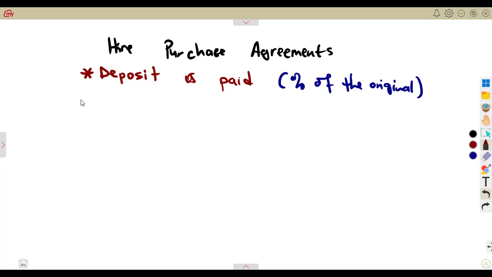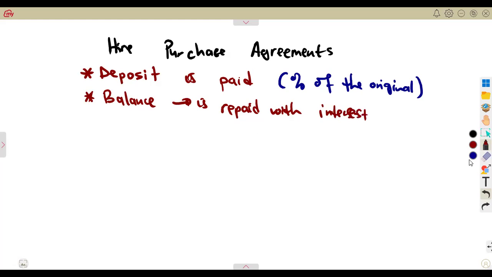Then you are going to remain with a balance, and this balance is going to be repaid with interest. For you to pay up the balance that is remaining, it is going to be paid with interest.